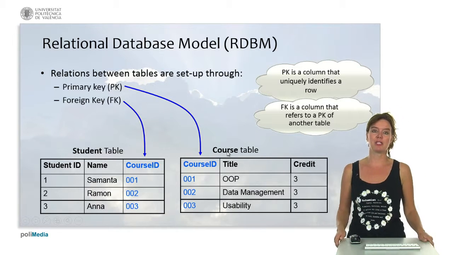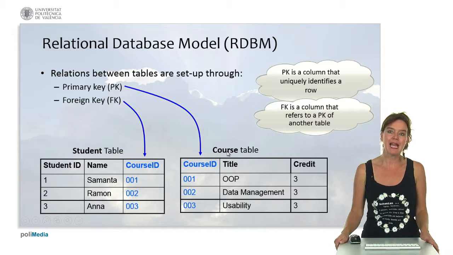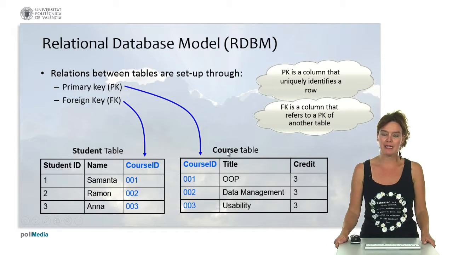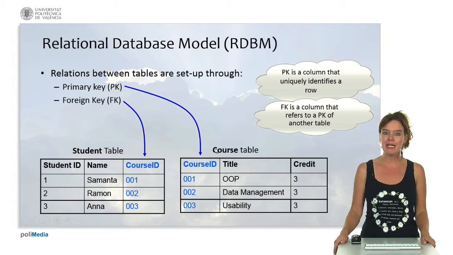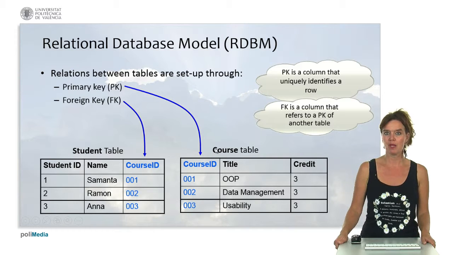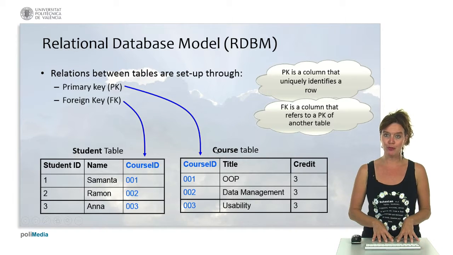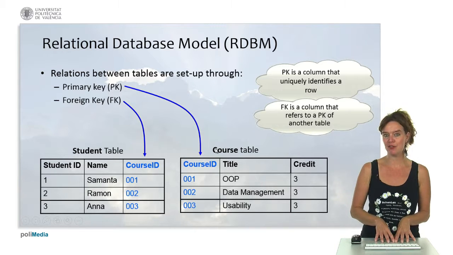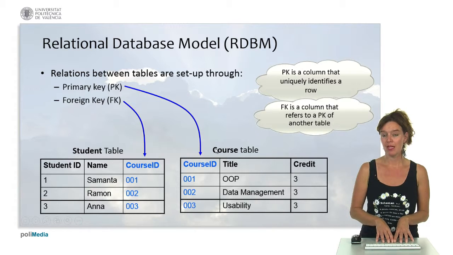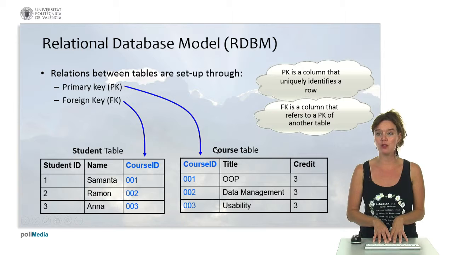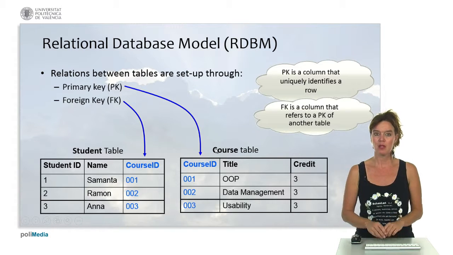So if we look at this specific example, we can say that the course ID is the primary key of the table course, because that's the column we use to uniquely identify courses. And courses are rows in the course table.